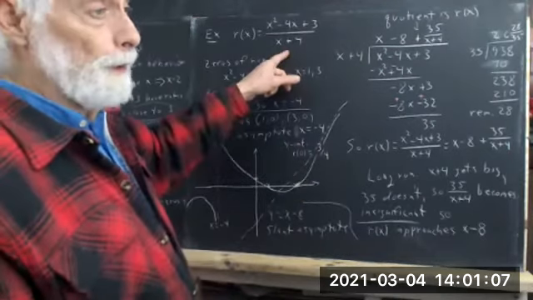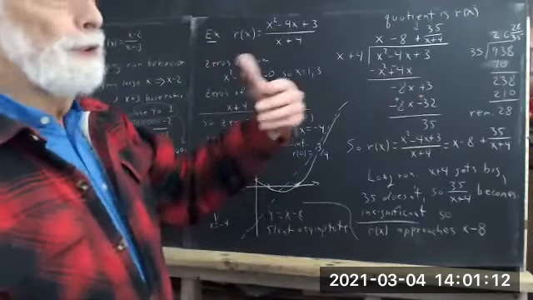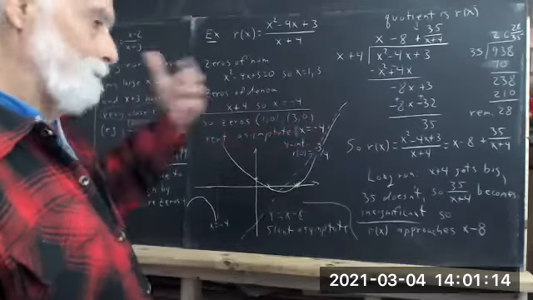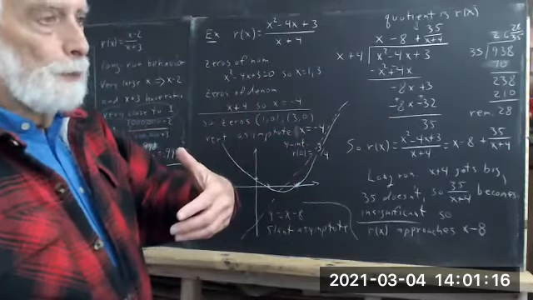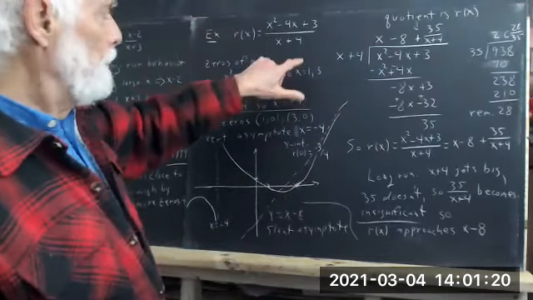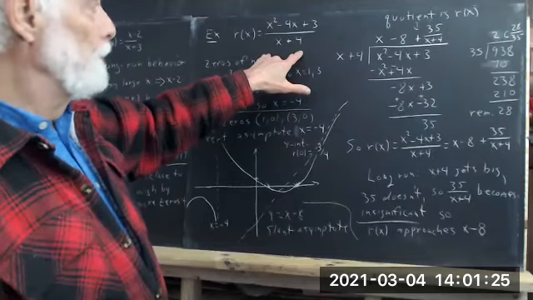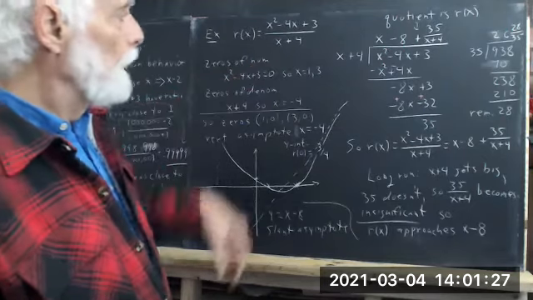Either that or your denominator could be a perfect square, which would give you 1 vertical asymptote of multiplicity 2. And if you understand how multiplicities work with polynomials, you won't have any great trouble understanding what happens if the multiplicity here is 2 or more.